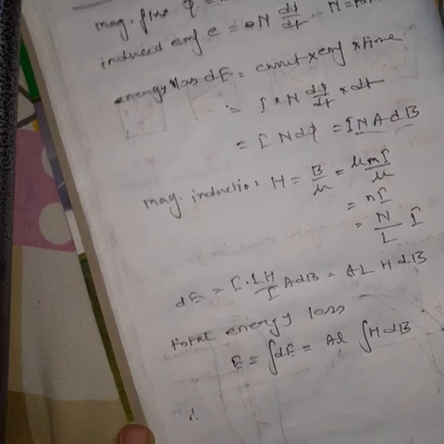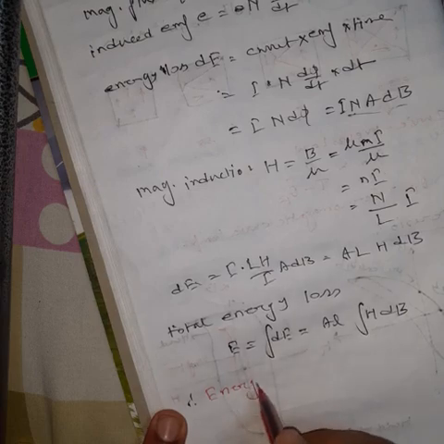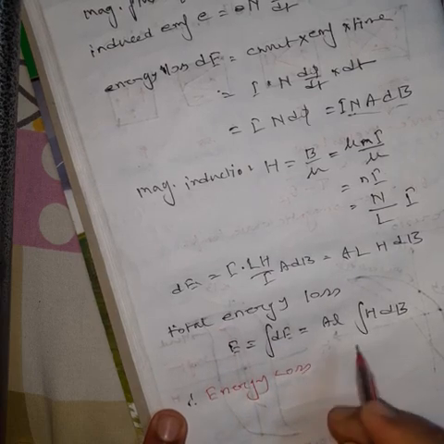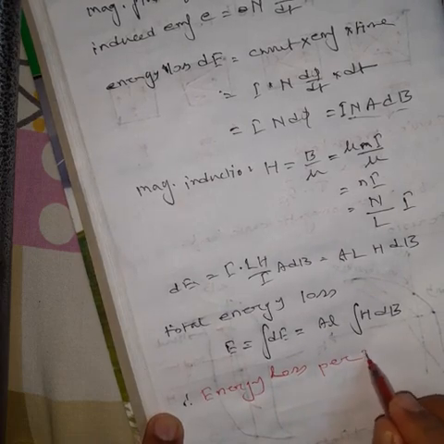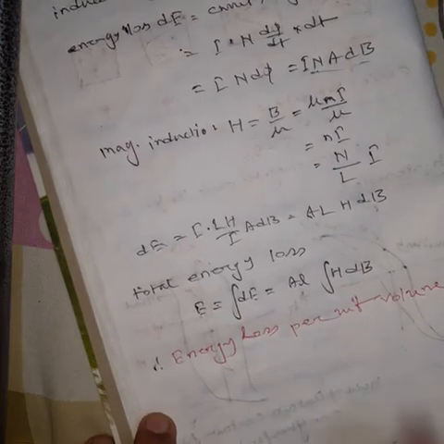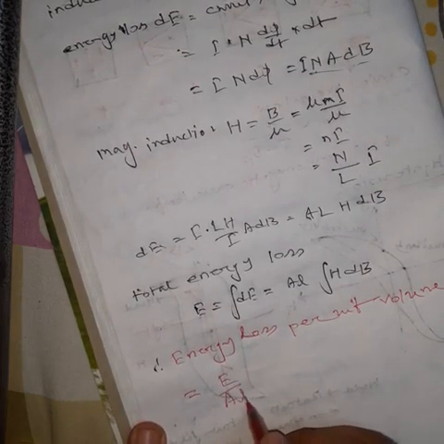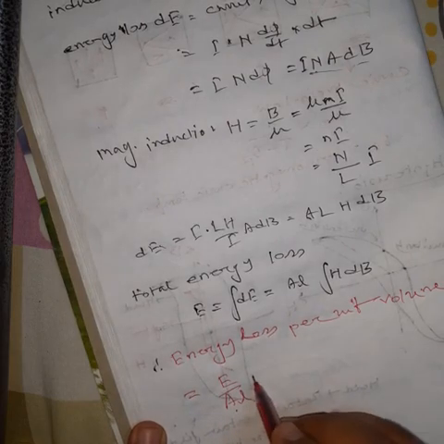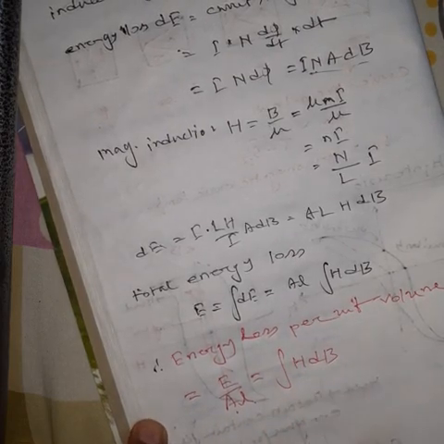Therefore, the energy loss per unit volume is E by A L. Area into length is the volume. So this is H dB.